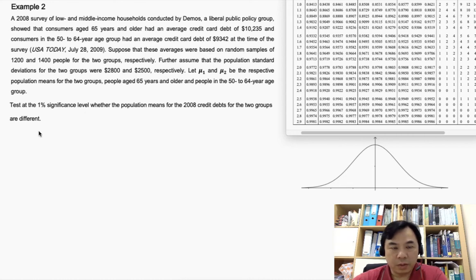So here I'm going to write down the hypothesis statement. So this is what we have. We have our null hypothesis: both the means are not different. So I can say that mu1 should be the same as mu2 in this case, whereby the one that you're interested to verify now is whether they are actually different.